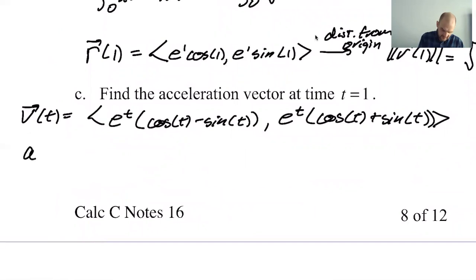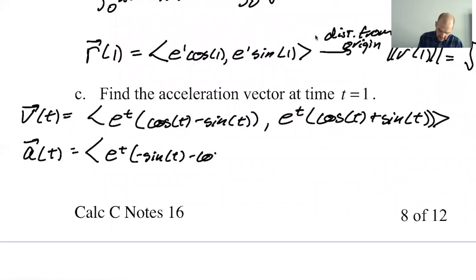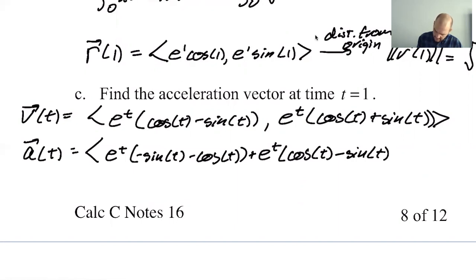All right, so a of t. Am I going to fit this? No way. All right, first derivative of the second is negative sine of t minus cosine of t. Plus second derivative of the first. That's just like the normal. Is something magical going to happen here?